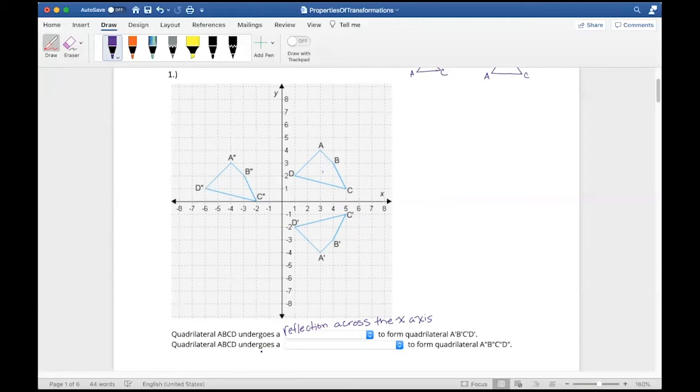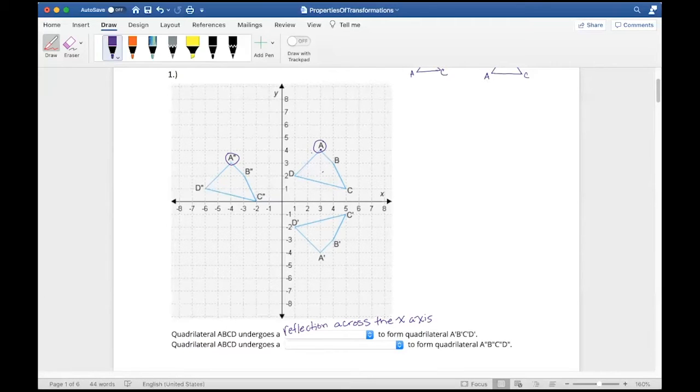All right, and then to go from quadrilateral ABCD to the double prime. So to go from here to here, how did we move? Well, it looks like the orientation stayed the same because this point A stays on the top here. So I can tell it's a translation, a slide. So we just need to count how many over, and then it looks like down.